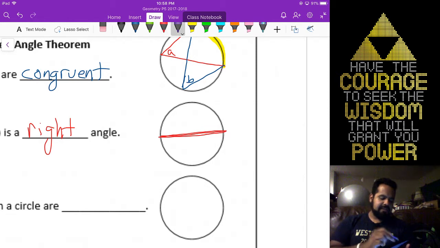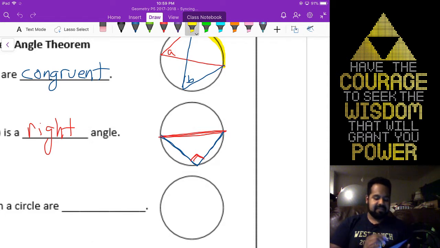With my diameter, if I draw any inscribed angle that touches here to here, or at any point inside of that half circle, it will always form a right angle. The reason this happens is because in a semicircle, this arc is equivalent to 180 degrees. So as a result, half of 180 degrees is 90 degrees. That's why this will always form a right angle.